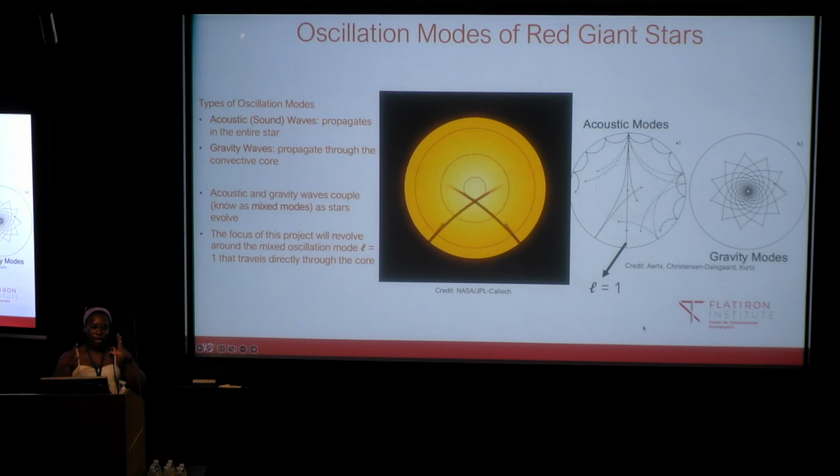When the envelope expands, those typically more shallow waves will change in frequency because it's getting bigger, and the waves propagating through the core will get higher in frequency because that region is getting smaller. The material inside of the star will also determine how deep those waves are able to propagate.